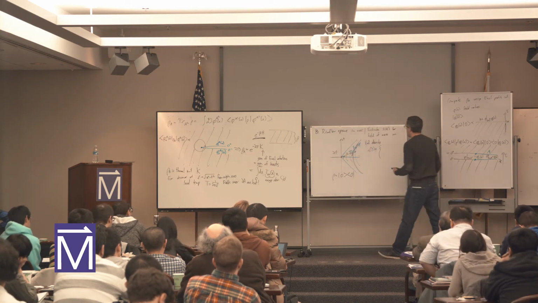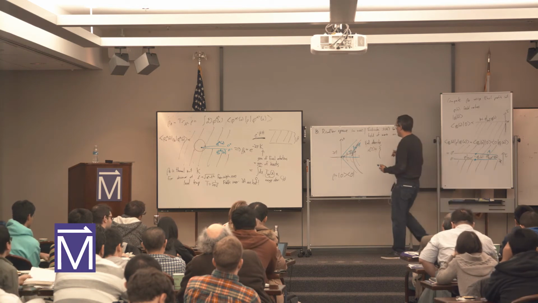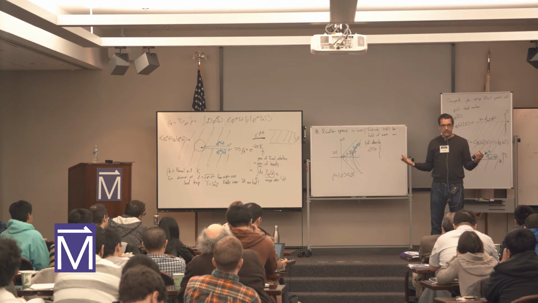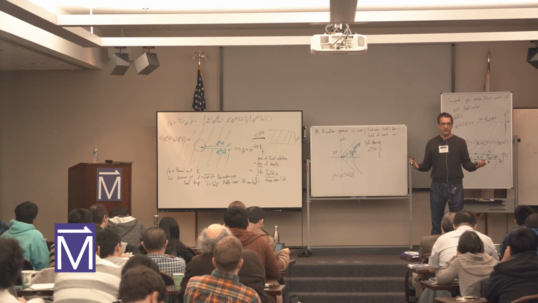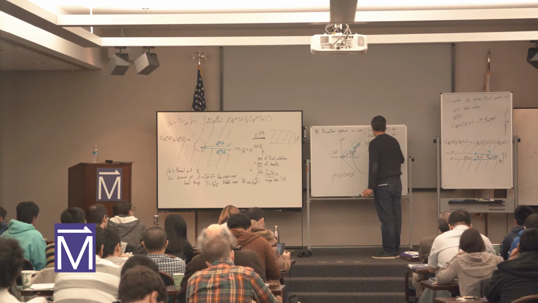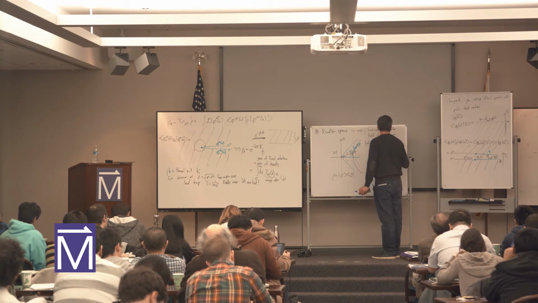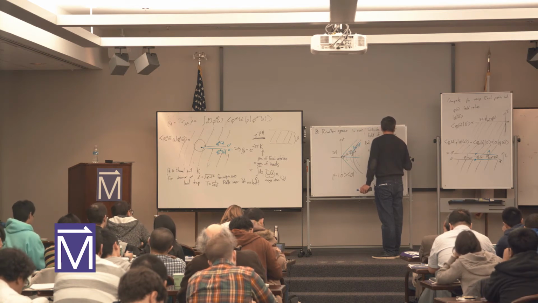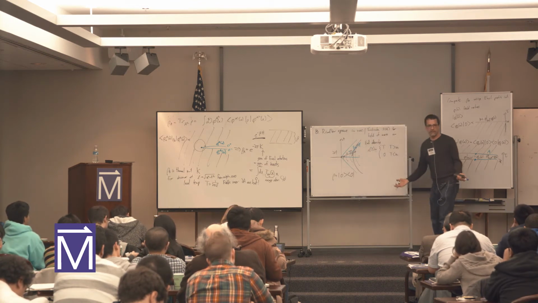If the temperature is above the mass, then it's proportional to the temperature. If it's below the mass, it's 0. That's my approximation. So I better make it clear that's an approximation. So T for T greater than m, 0 for T less than m. If the temperature is below the mass, the field is frozen out.